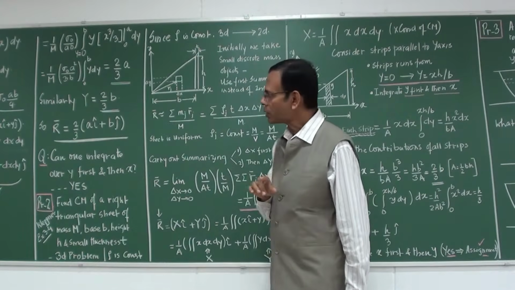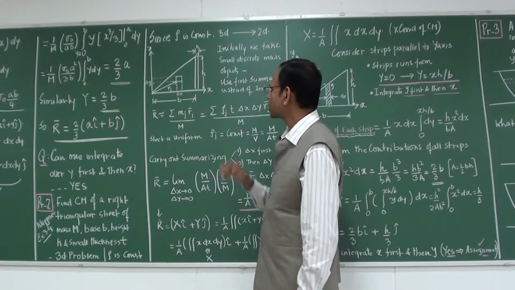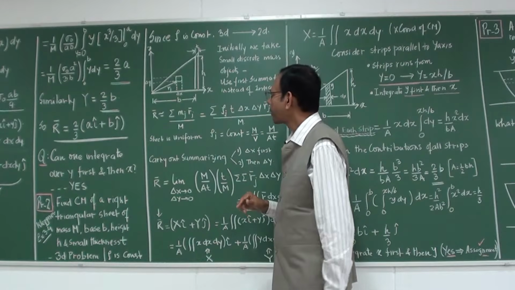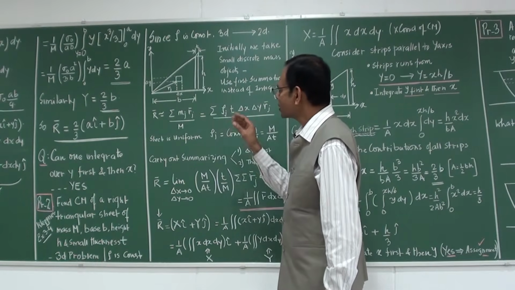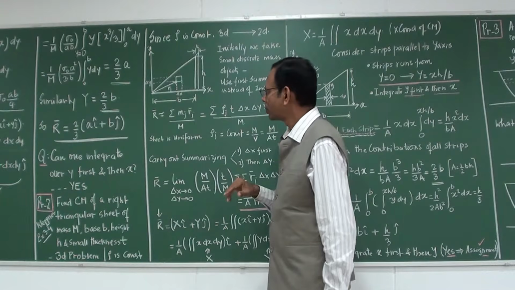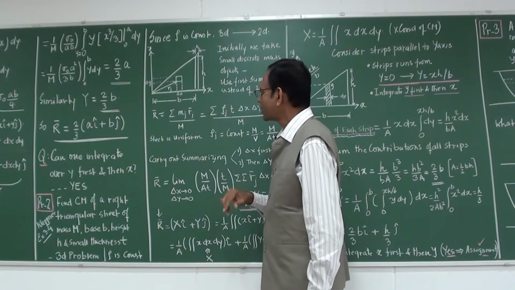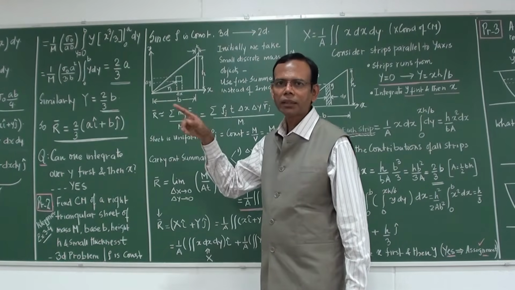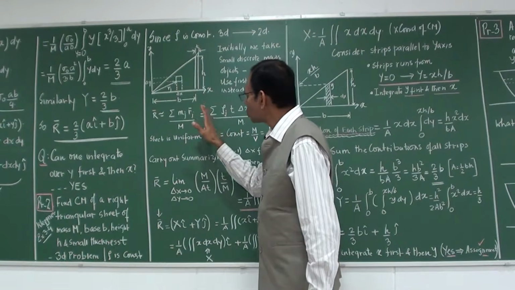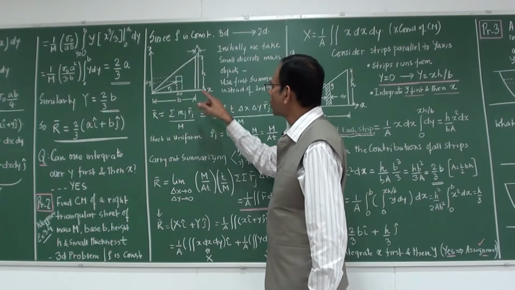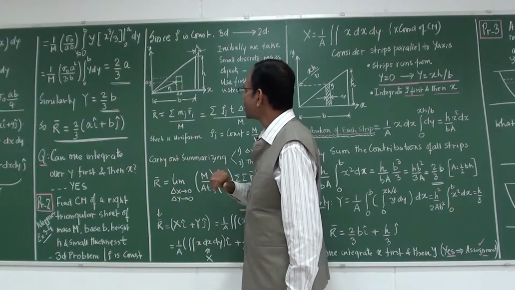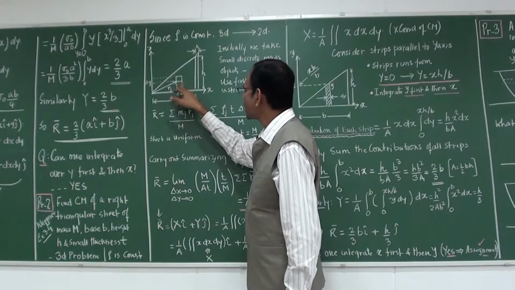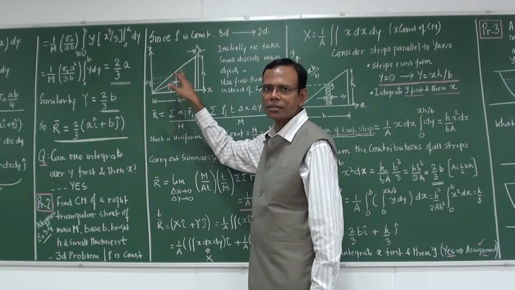Now, instead of following that previous method, we are following a little bit different method here. The reason being, this is a 3D problem. If I try to write the integral, then r will have to be written in 3D, so we want to avoid it. So we take a small element of mass, delta m, which is delta x, delta y and t, thickness t.